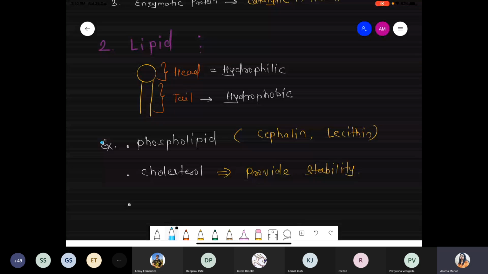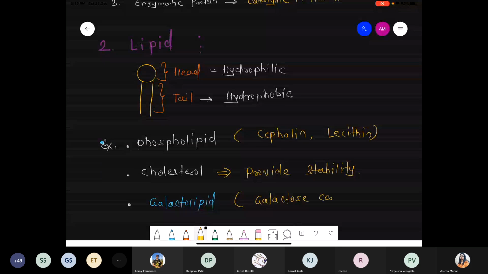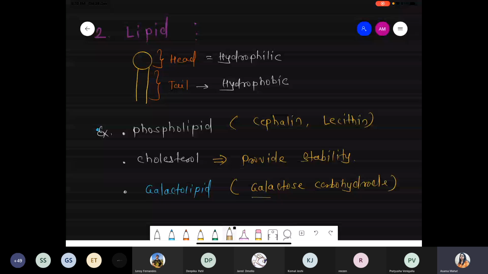And the next one, sometimes lipids are conjugated with carbohydrate. For example, glycolipid or galactolipid. And you know very well, galactolipid means sugar, that is galactose, which is a carbohydrate. Such galactose gets conjugated with the lipid molecule.